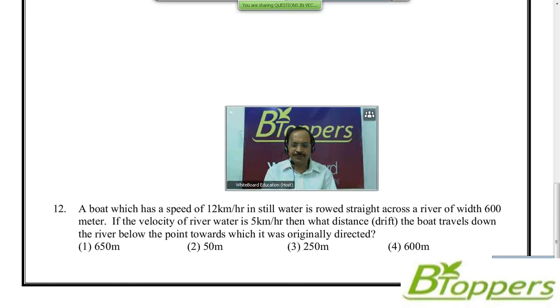Then what distance does the boat travel down the river below the point towards which it was originally directed? You are given drift within brackets. So this problem comes under one of the special cases I have discussed, where V bar is perpendicular to U bar. Look at the solution of the problem.